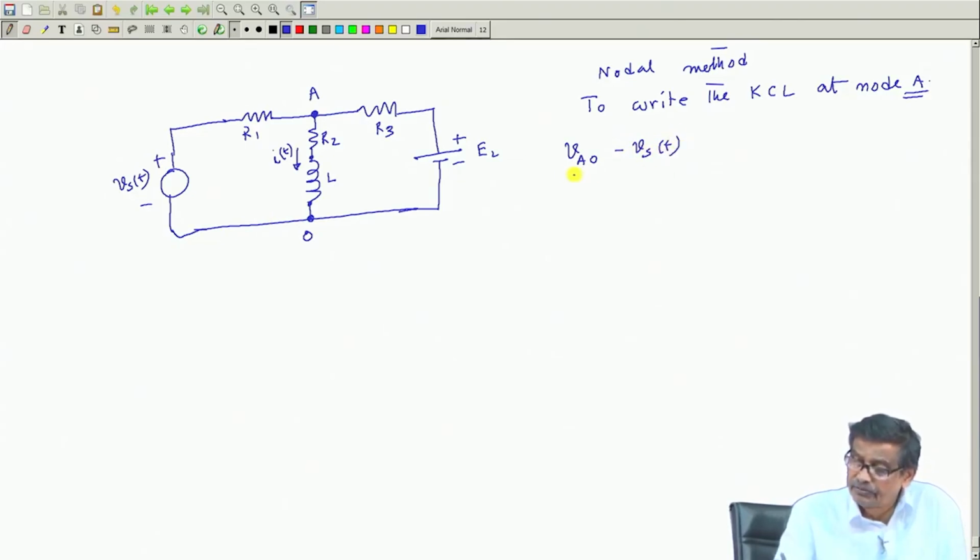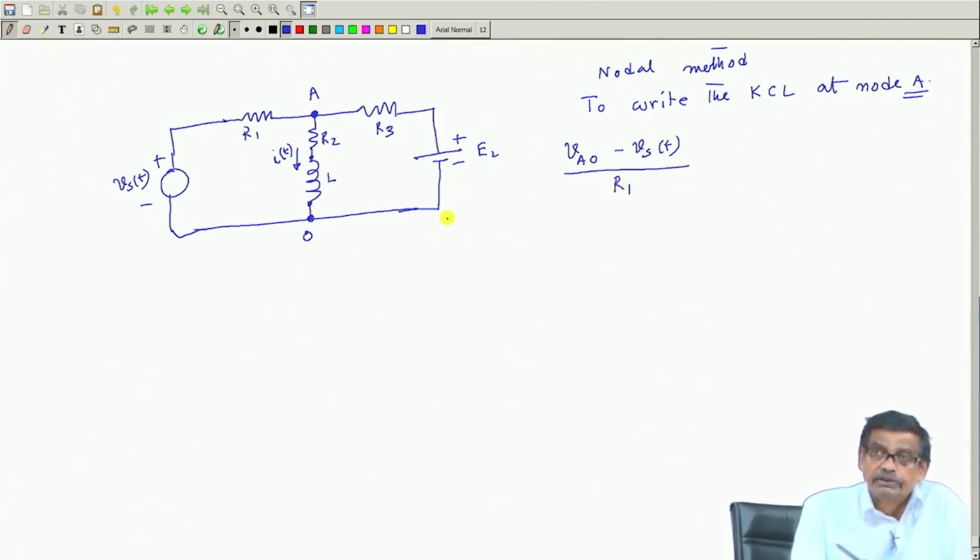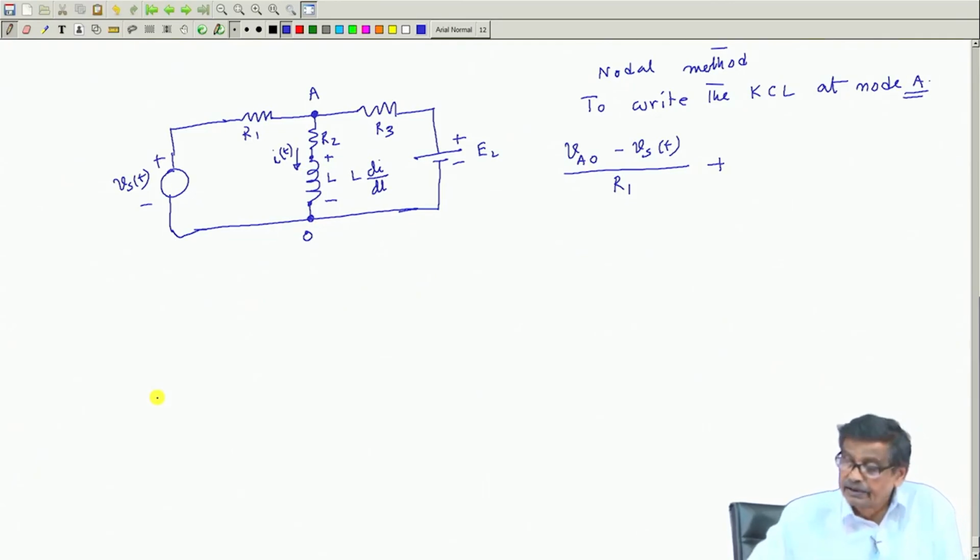Let us write from fundamental. I cannot write VAO by R2 because this inductor is present, and if it is carrying some current, there is some voltage. How much is the voltage? L di/dt, where I is the current flowing through the inductor.